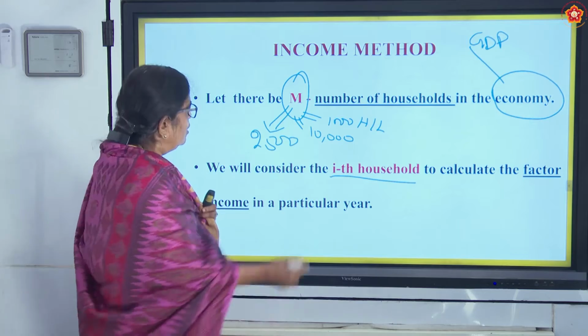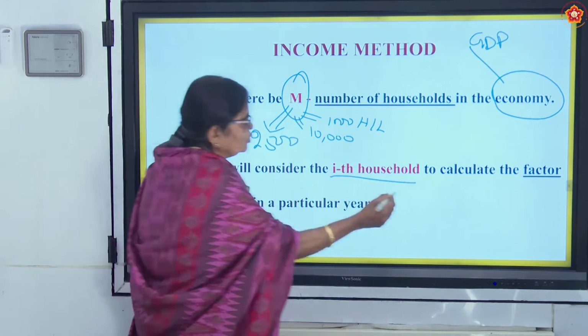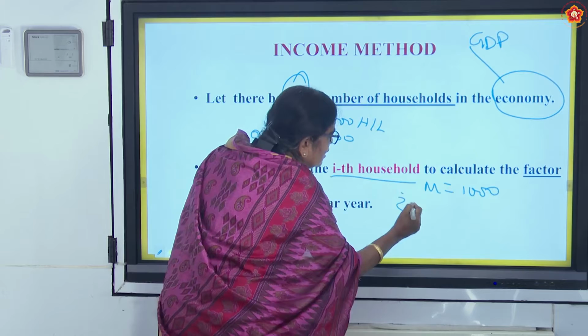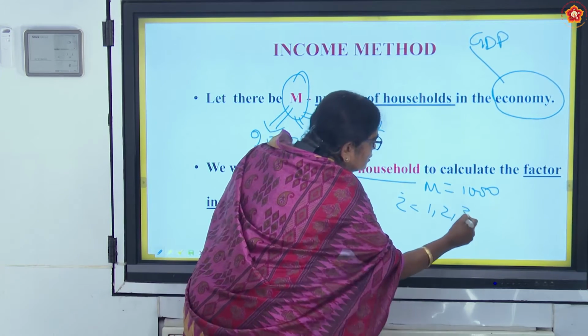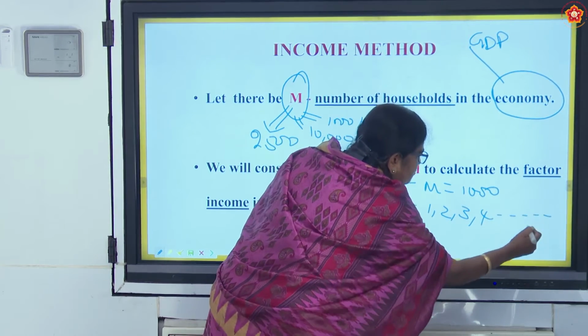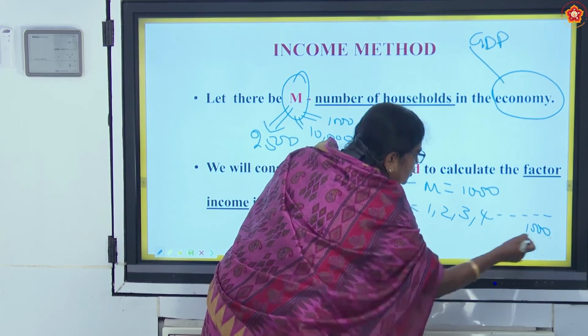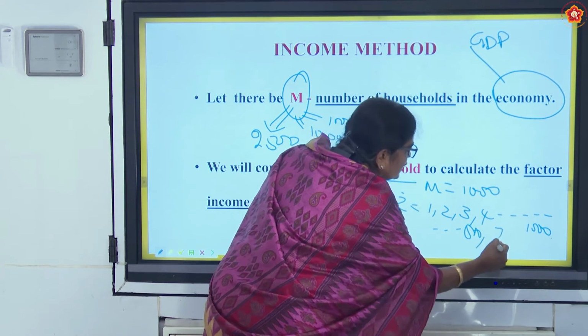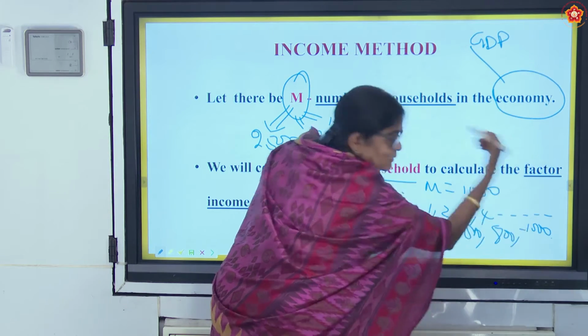For instance, I am telling m is equal to 1000. Then what is the ith household? i may be the 1st, 2nd, 3rd household, 4th household, up to the 1000th household. Therefore, i might be the 500th household or the 800th household.